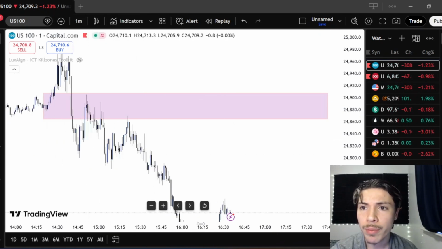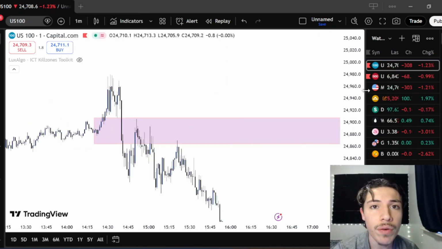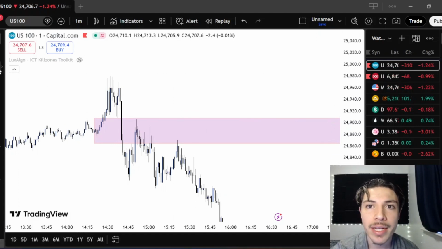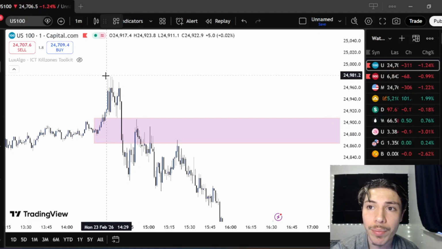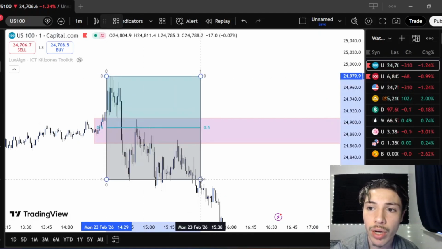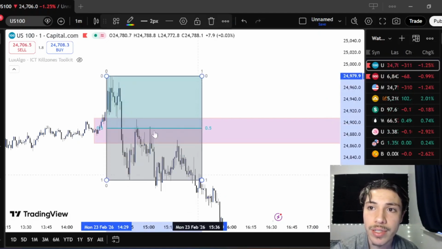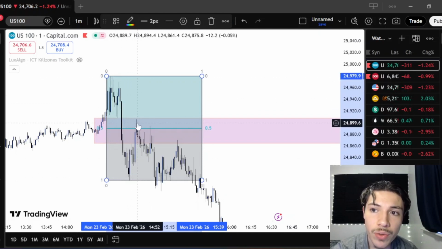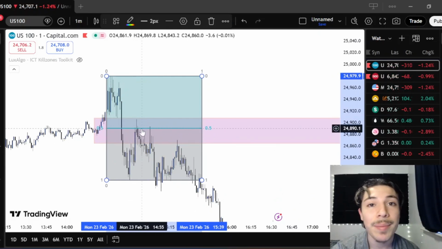If I head over to the 1-minute time frame, and guys, this is one of the confluences that you need to be using, this is equilibrium. If we mark out equilibrium from the high of the move to the low, by the way, just for reference, swing high to swing low, where does price retrace back into? Equilibrium of the range. We can see price comes in and taps into equilibrium.